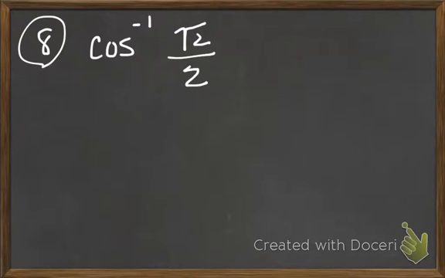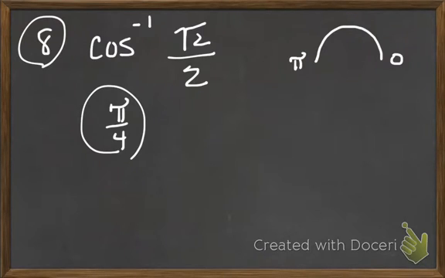And for cosine, your restricted area is from 0 to pi. That's why there's a restricted area, so you don't have more than one answer. So what angle has a cosine value that's an x value of square root of 2 over 2? Pi over 4. That's the answer. Inverse cosine means what angle has an x value of?